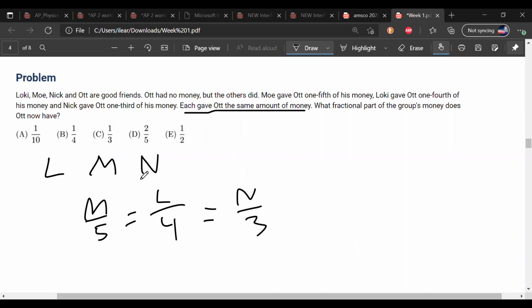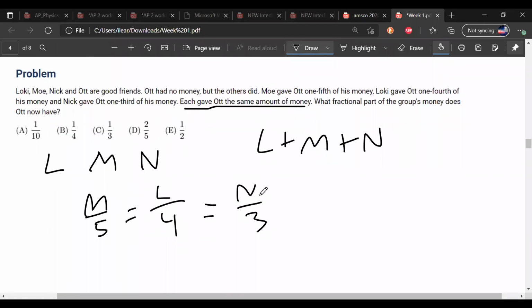So how can we use this equation to solve for the amount of the group's money that Ott has right now? Since Ott has no money, the total amount of money in the group is equal to L plus M plus N. So how can we find the total amount of money that Ott has right now?